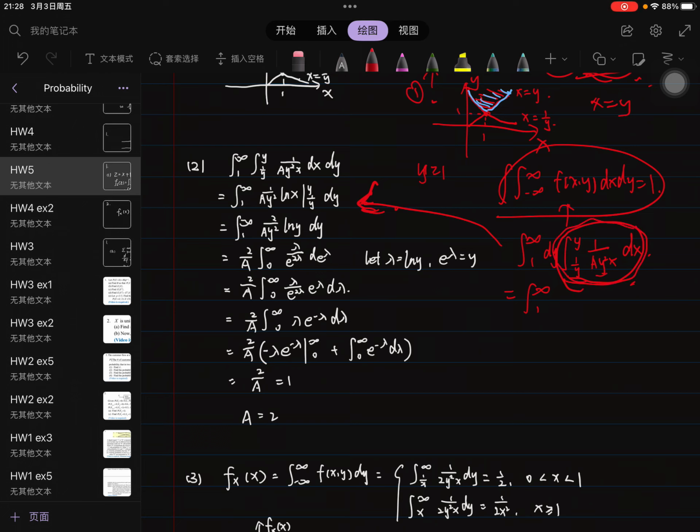We need to firstly solve the integration of x, so we get this. Here we define a new variable, lambda equals ln y, since it is simpler to express this integration.